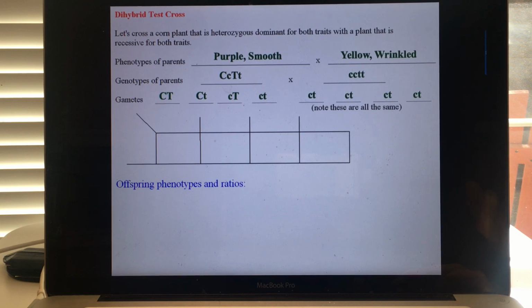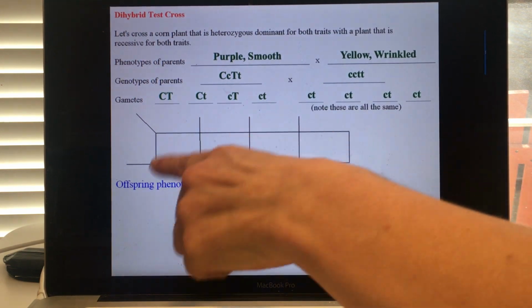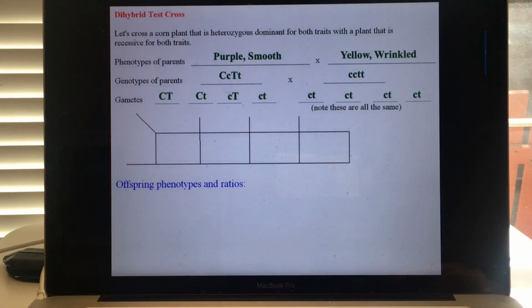You don't need to make a 16 square Punnett square for this because each row would be exactly the same as the row above it. So you can reduce from the beginning and note all of those are the same, so you only need one row. Now, students always want to know, well, what if I forget to do that and I make a 16 square Punnett square?